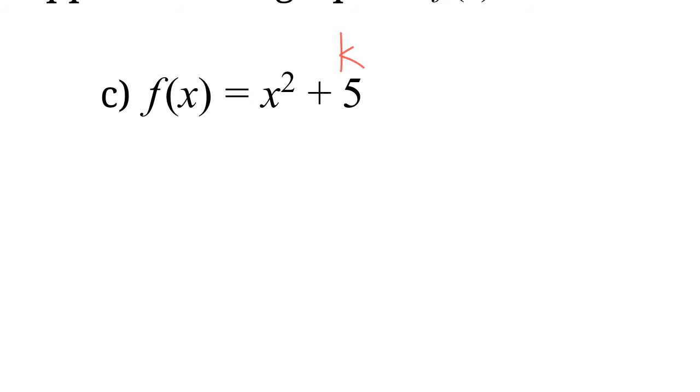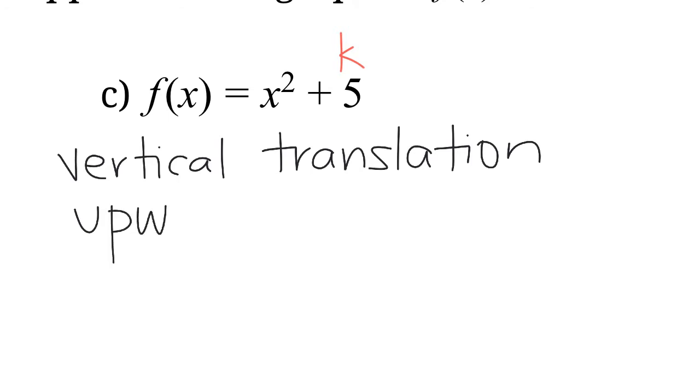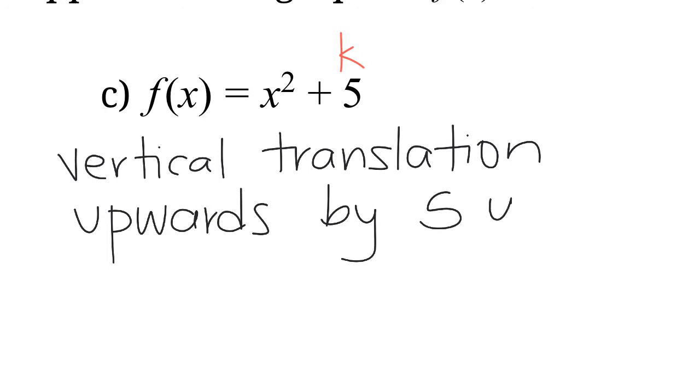So we are going to write out our transformation by saying that we have a vertical translation upwards by 5 units. So we would simply be taking our original parent equation, y equals x squared, and we would be translating it or shifting it upwards by 5 units.